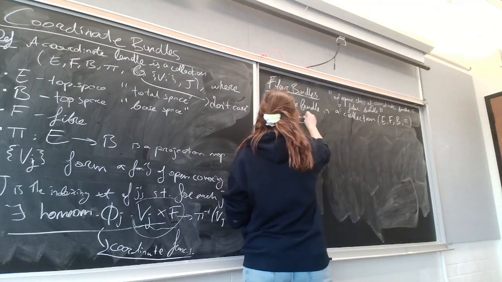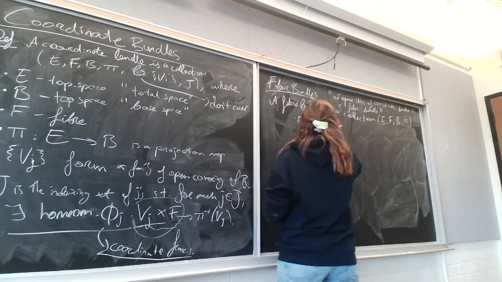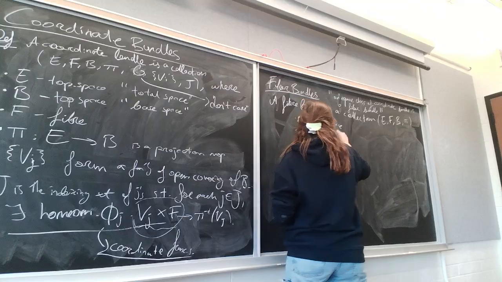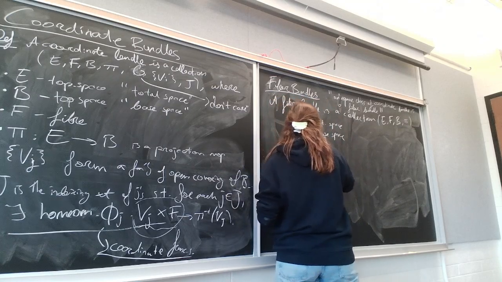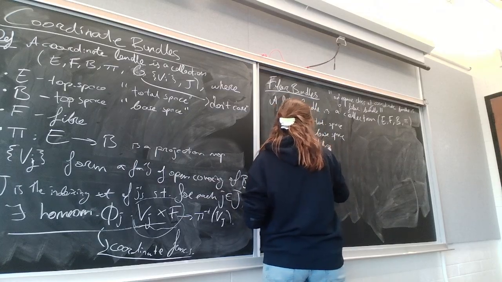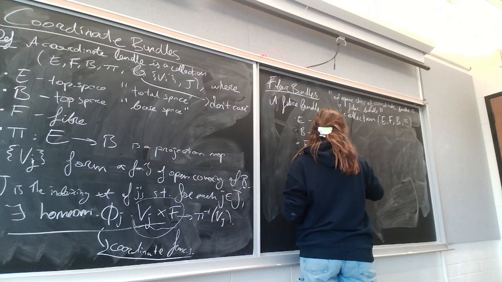So, E is the total space, B is the base space, F is the fiber, P is the map from the total space to the base space, the projection map.